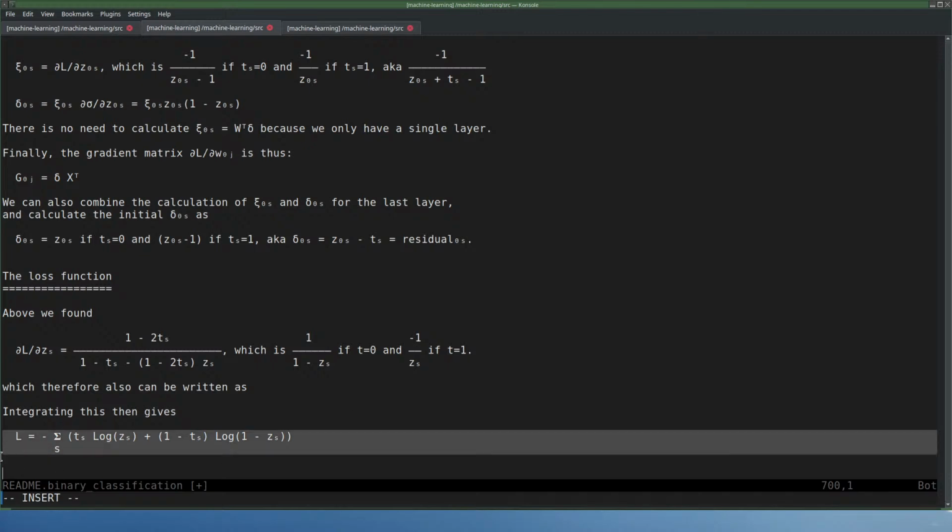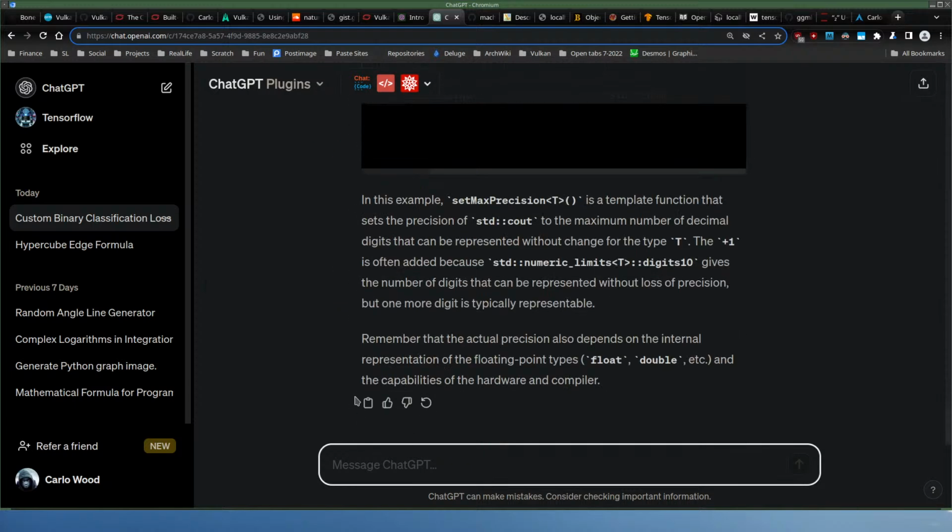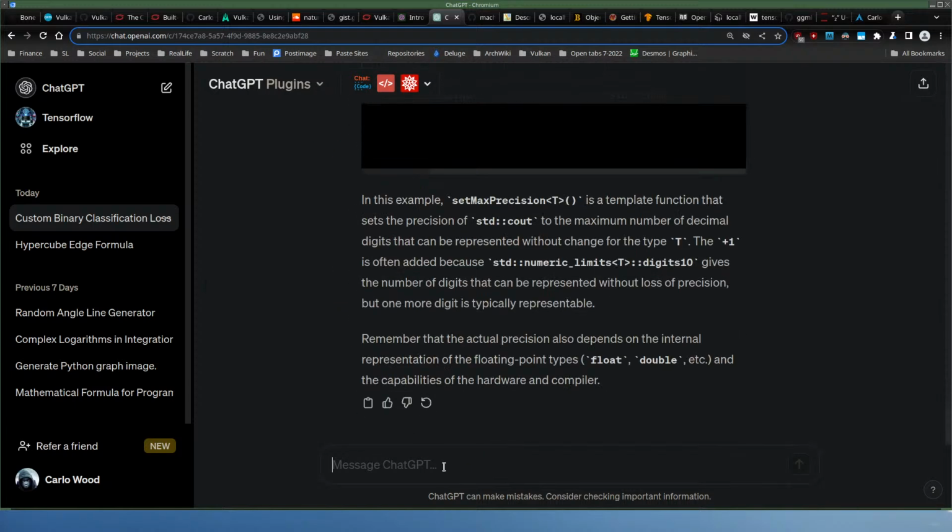Okay, let's ask again for the name of it. What is the name of this loss function that you also mentioned above?